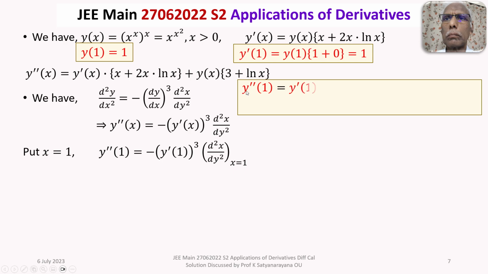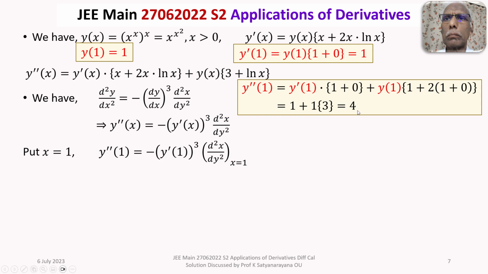And go to the y double prime x. In that, x is equal to 1 you substitute: y prime 1 multiplied by 1 plus ln of 1 which is 0, plus y of 1 into 1 plus 2 into 1, that is 3. This we have already done, it is 3. 3 plus 1, 4.